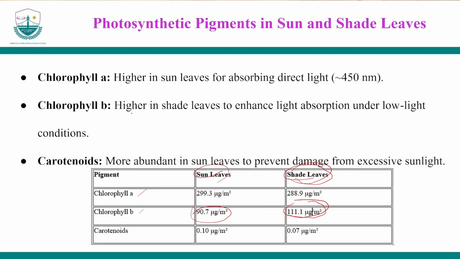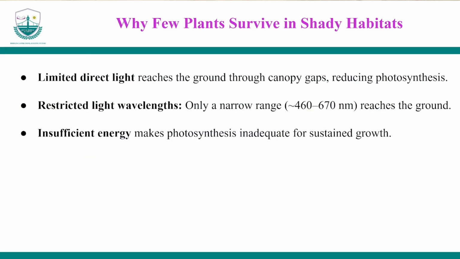Okay, so chlorophyll B is higher in shade leaves to enhance light absorption, and chlorophyll A is higher in sun leaves, and this is what you basically see here. Chlorophyll A is high there compared to this. Okay, so that's the whole point there. You have more carotenoids in sun leaves than in shade leaves.